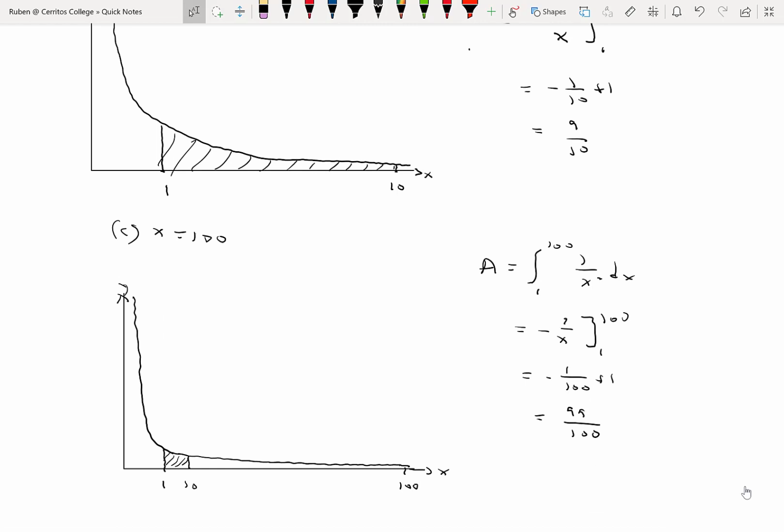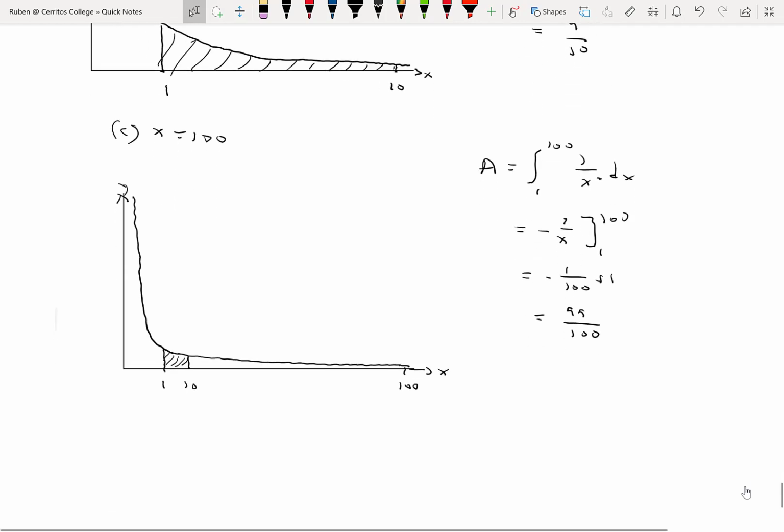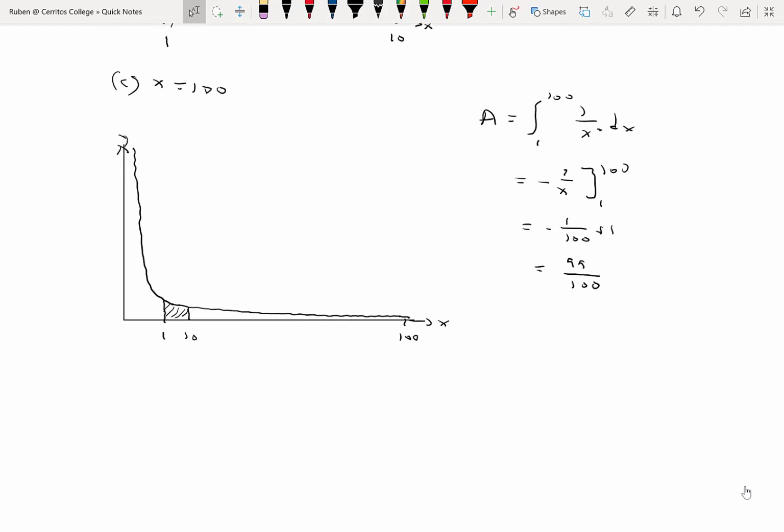If we were to integrate between 1 and 1,000, we would get 999 over 1,000. So these areas are approaching a definite number as the right-hand limit of integration keeps getting bigger and bigger. And that's basically what we're going to use to define this thing we call an improper integral.